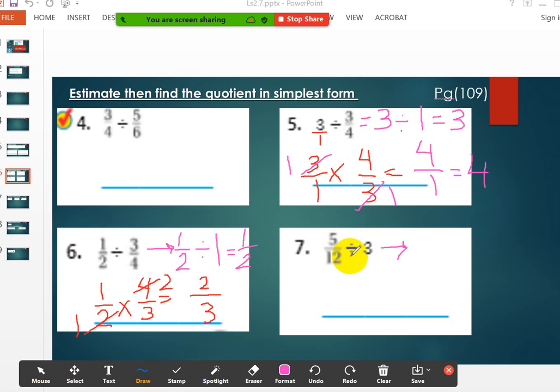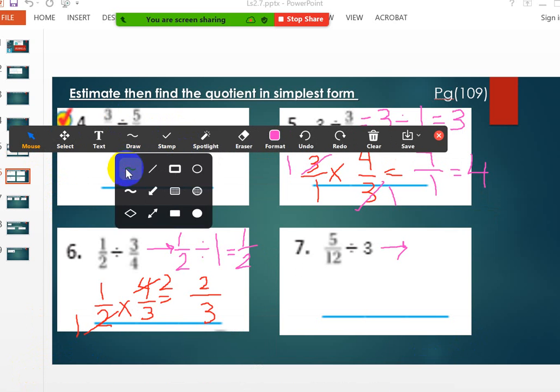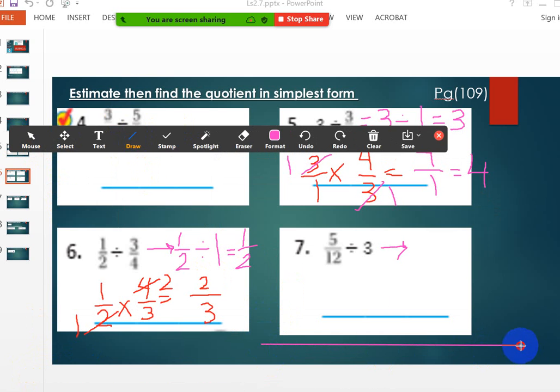You remember when we put compatible numbers on the benchmark, and I told you how to use the benchmark to know how to round a fraction like this. You remember that? And I told you if you want to round a fraction, you have to use the compatible numbers, which are 0, 1 over 2, and 1.